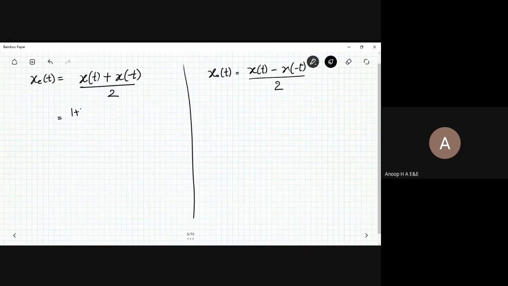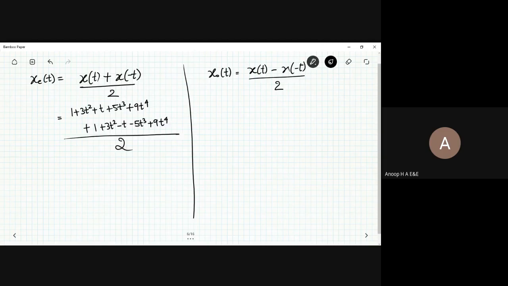So 1 plus 3t squared plus t plus 5t cube plus 9t power 4, next plus x of minus t, 1 plus 3t squared minus t minus 5t cube plus 9t power 4, divided by 2.